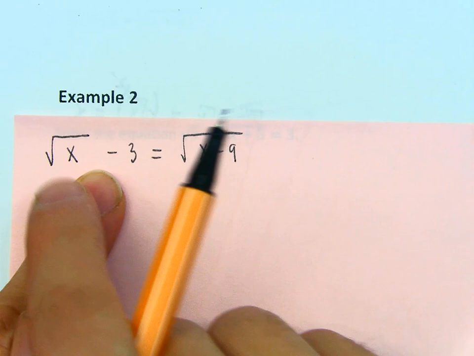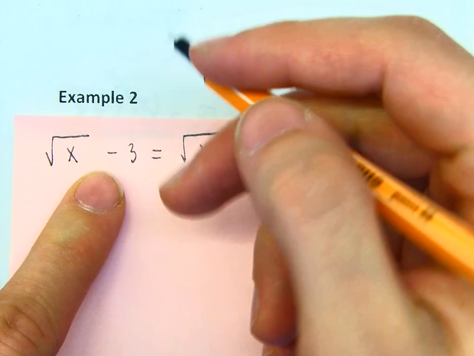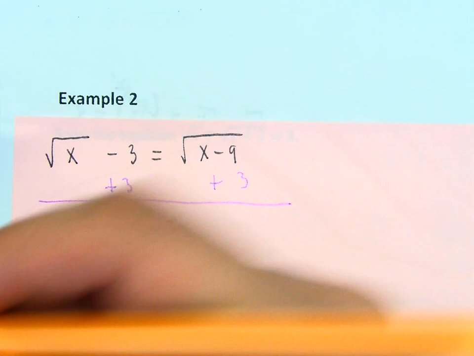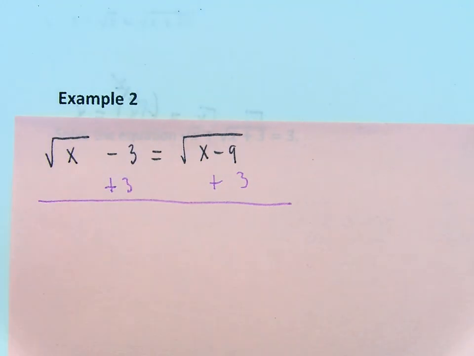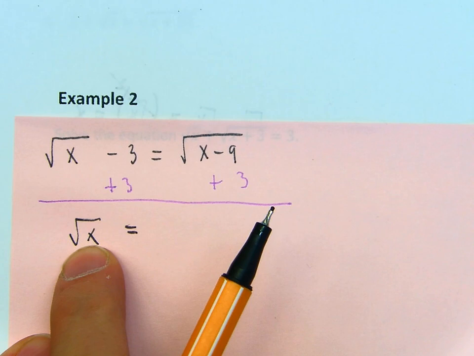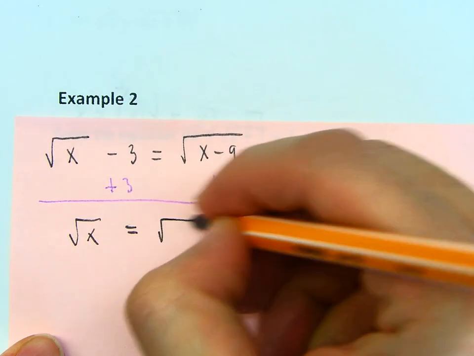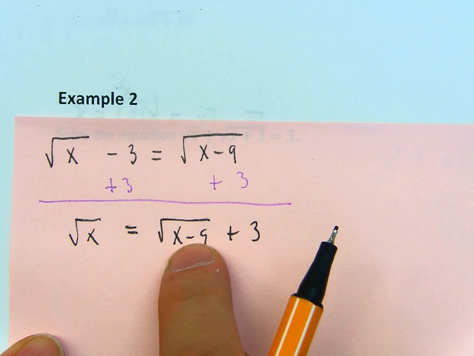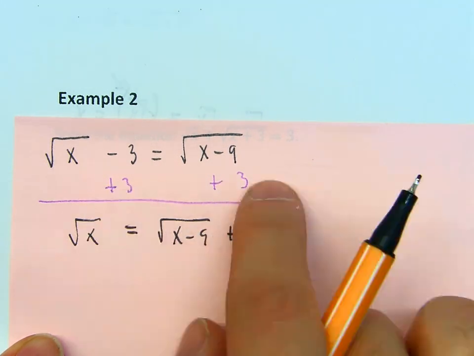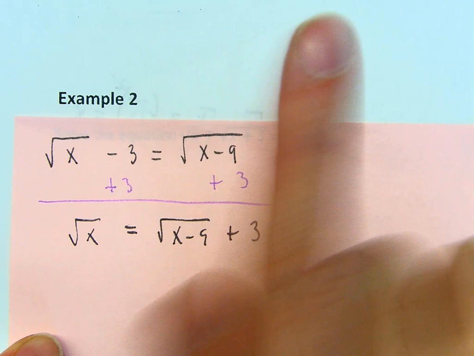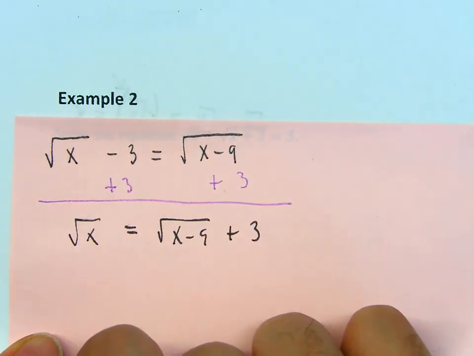But if I want to get this radical by itself, then let's say I do plus 3. What happens here? Then this is square root of x. So you see now this radical is by itself, but then this radical is not by itself. So no matter where I put the 3, a radical will never be by itself, okay?